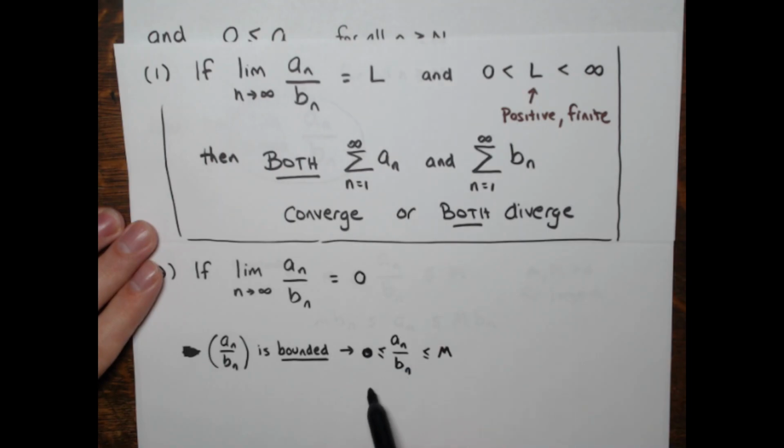And then multiplying through by b sub n, we'd get a sub n is less than or equal to some multiple of b sub n, right?